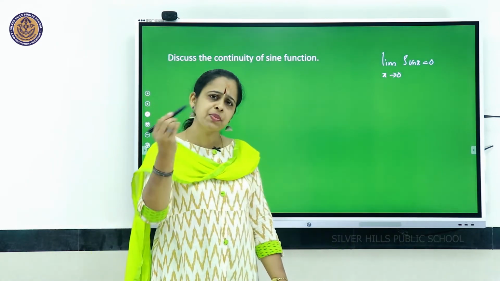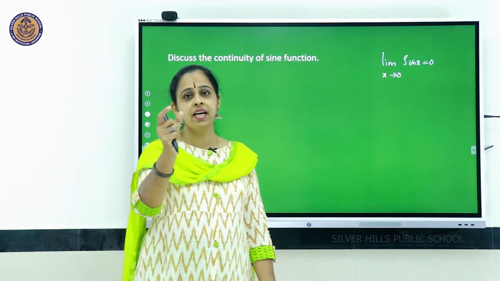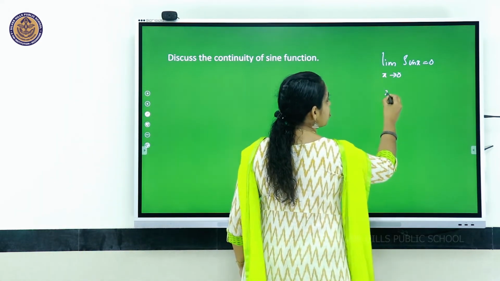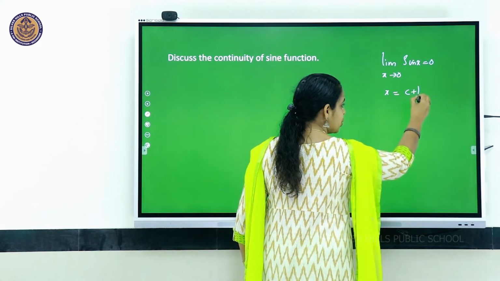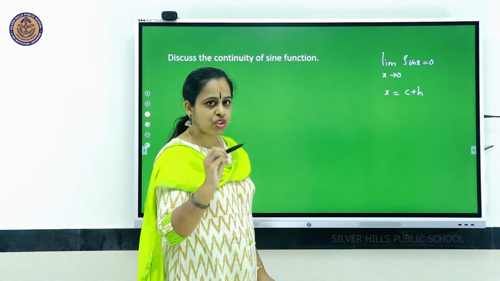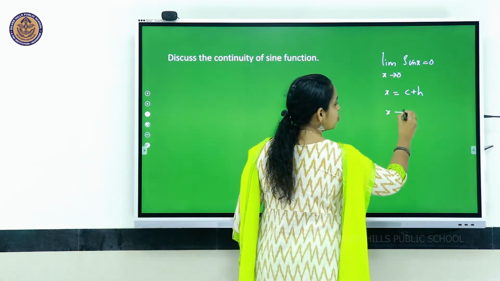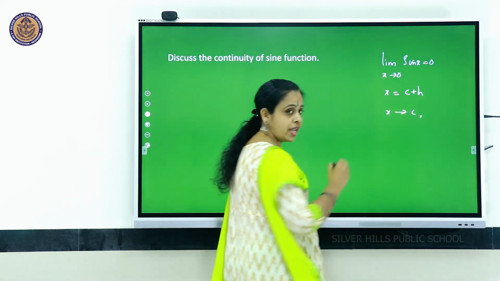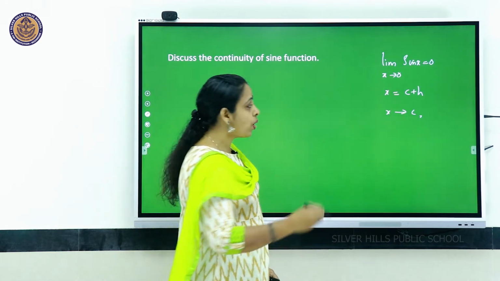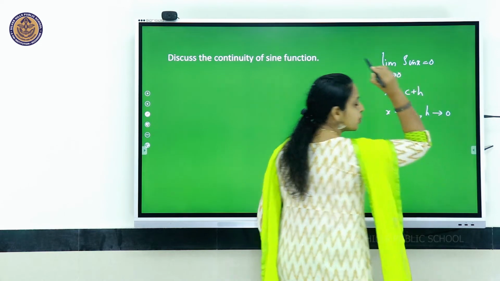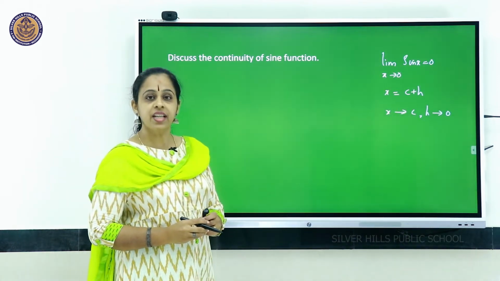So, as we did before, we will take a real number c. Let us suppose x as c plus h, where h is a small positive quantity. When x tends to c, what happens to h? h will tend to 0, correct?